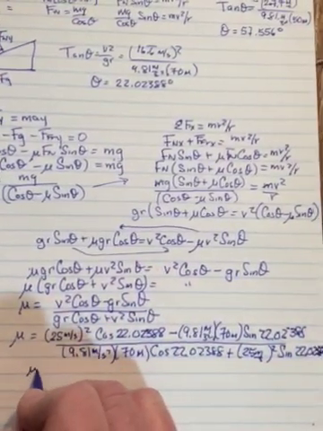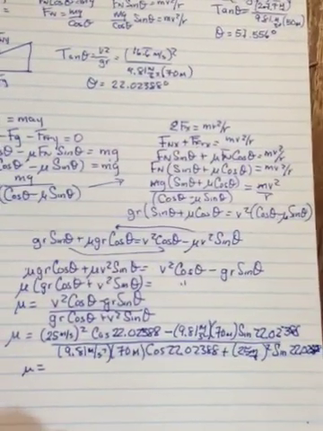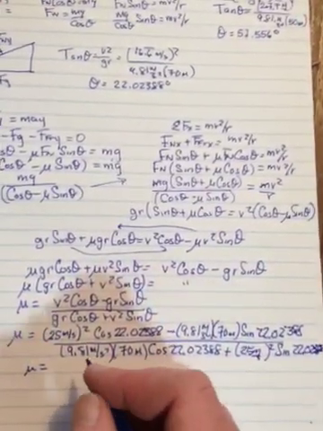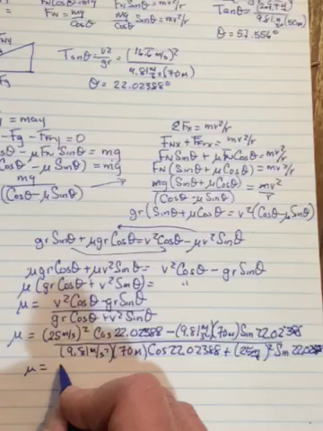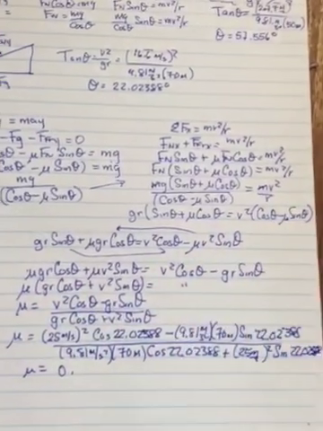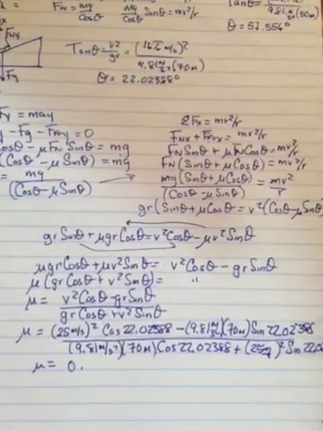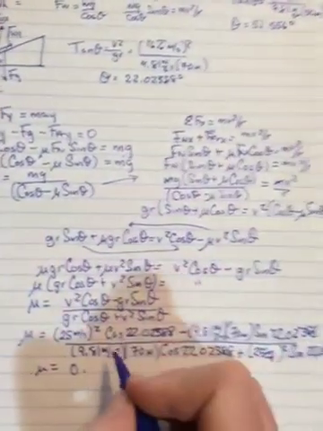Okay, so now all that's left is, can you punch this into your calculator correctly? If you can, and you don't forget the squares, and you don't forget your brackets, you should get 0.3696, I think. Yes.